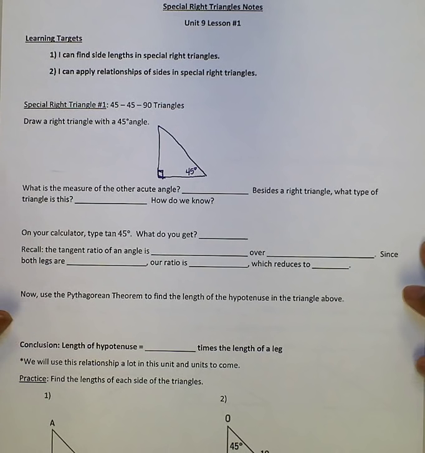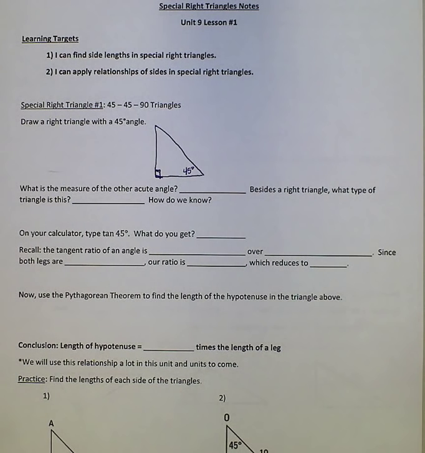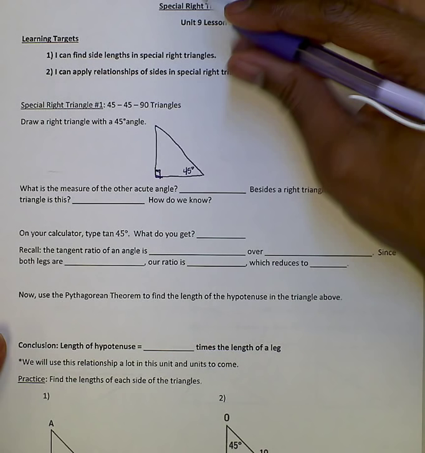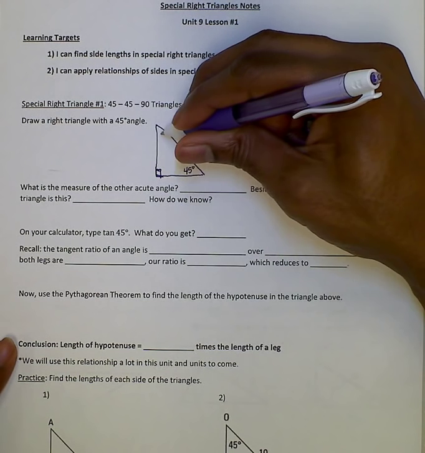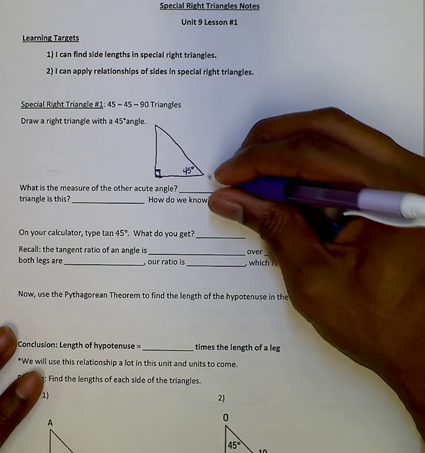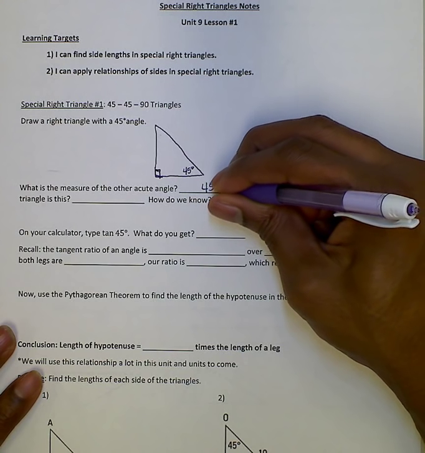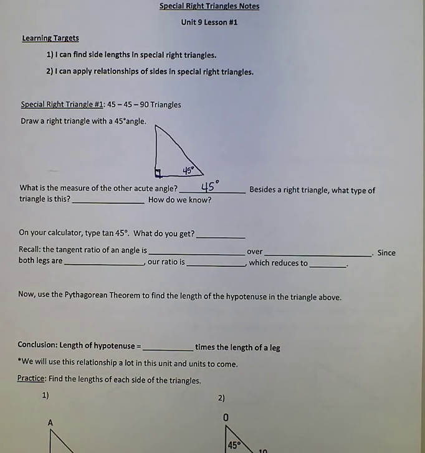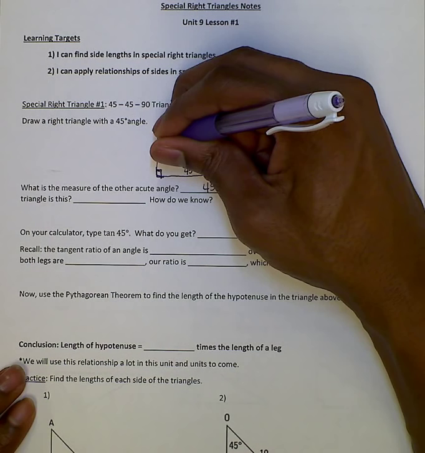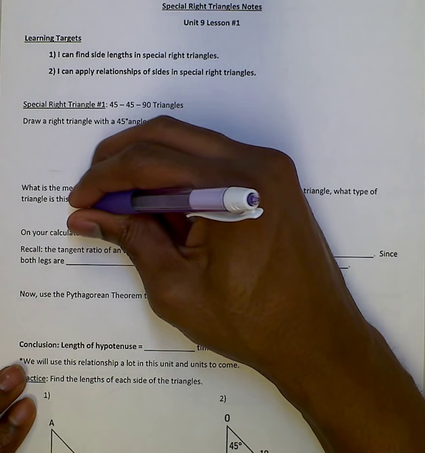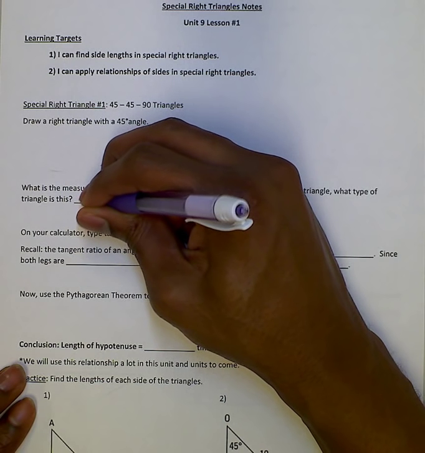Now the question follows, what is the measure of the other acute angle? Not this one because it's a right angle. This other angle is going to be 45 degrees. Besides a right triangle, what type of triangle is this? Well, if this is 45 degrees and this is 45 degrees, we know that it is an isosceles triangle.